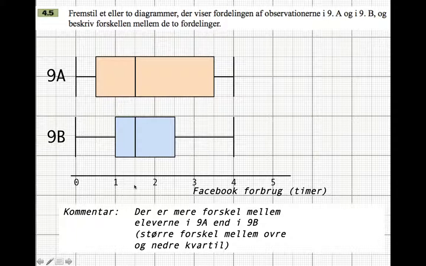Perhaps I should have said something about that. But 9A is more spread out. There's more variation in the use of Facebook, whereas 9B is more consistent in what they do. You can use the word stabil in Danish. 9B is more stabil. But you're looking really to make two comments, position of the data and spread of the data. So perhaps I should have done more than I said there.